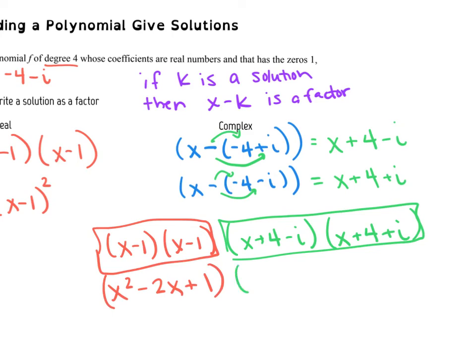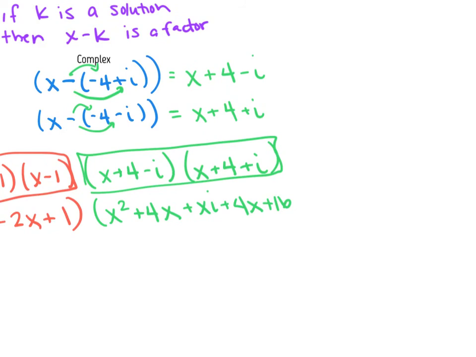And when I do the imaginary part back here, I get x times x, x squared. x times 4, 4x. x times positive i, positive xi. 4 times x, 4x. 4 times 4, 16. 4 times i is a positive 4i.